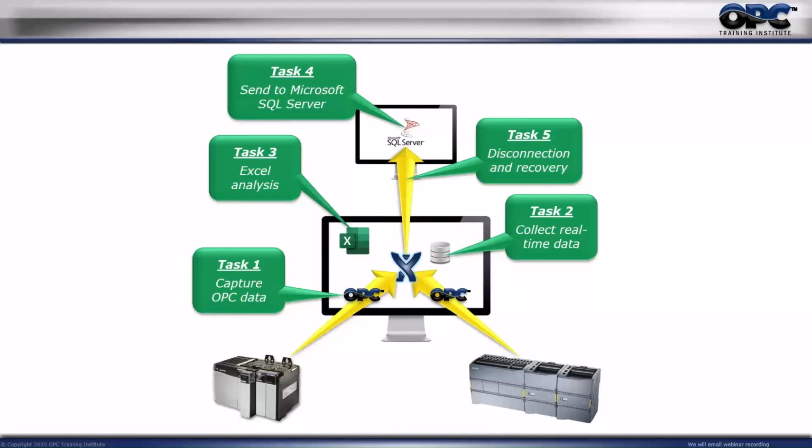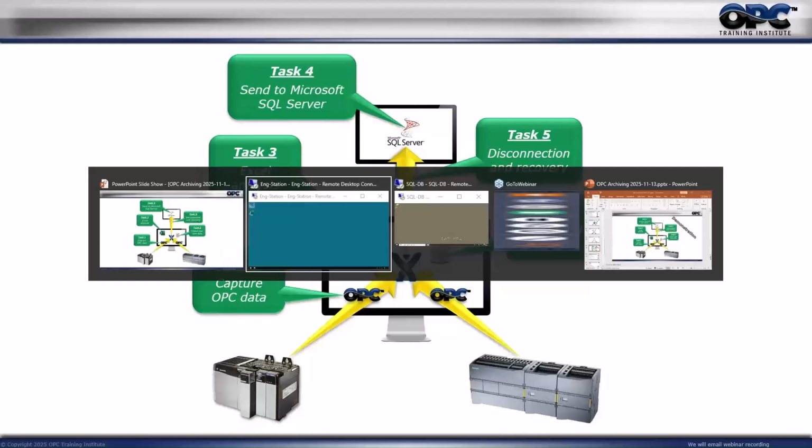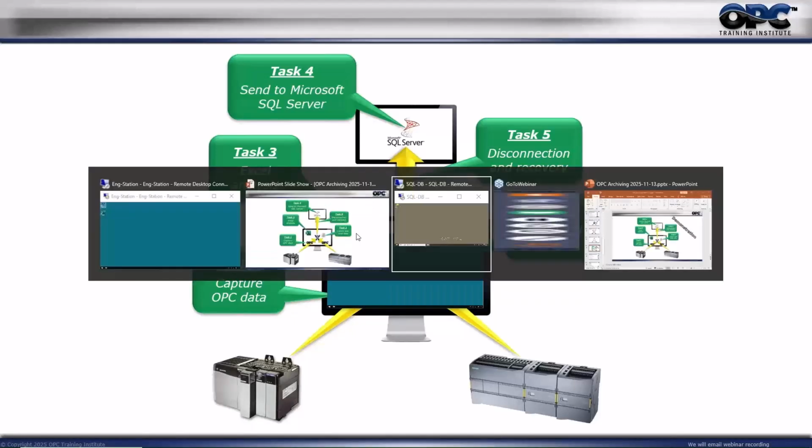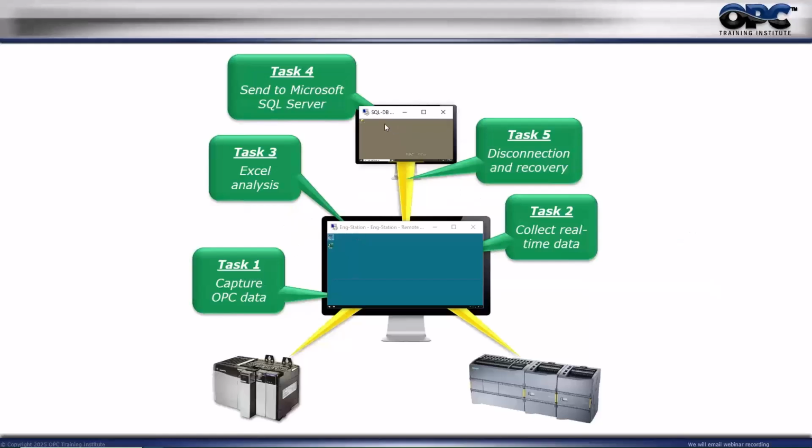So we'll see a disconnection, a recovery, and very important, no data loss. Now, to do this, we have a couple of computers. So here, there's a computer called EdgeStation, and here, there's another computer called SQL DB, SQL database. So SQL is going to run here, and OPC Expert is going to run on this computer.